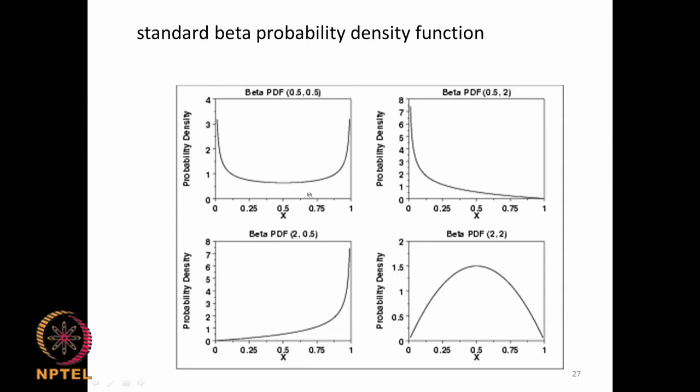So, for different values of alpha and beta, we can have different types of shapes, okay, as you can see here, beta distribution, okay, with alpha of 0.5 and beta of 0.5. Beta distribution, that is probability density function, alpha of 0.5 and beta of 2. So, if you have both 2, 2, you get like this. If you have 2 and 0.5, you get like this.